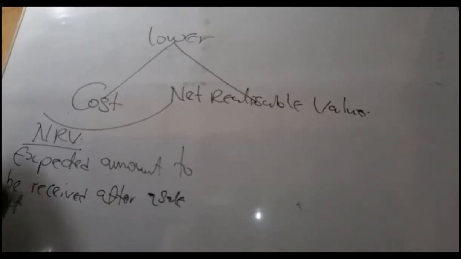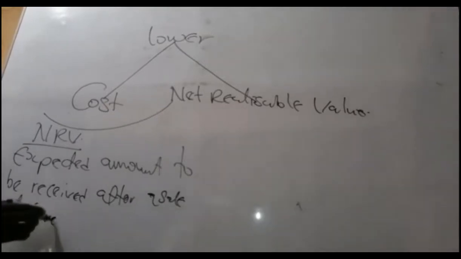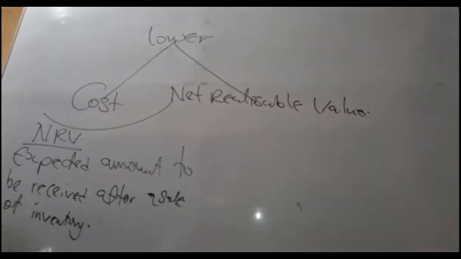Here you can say asset, but because it relates to inventory, sale of what? Inventory. So we use inventory. Sale of inventory. That is the NRV. So expected amount to be received or realized or recovered through sale of what? Of inventory. That is NRV.